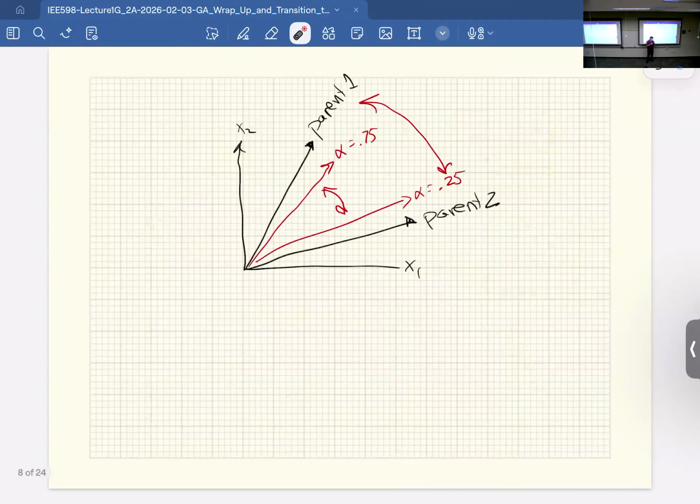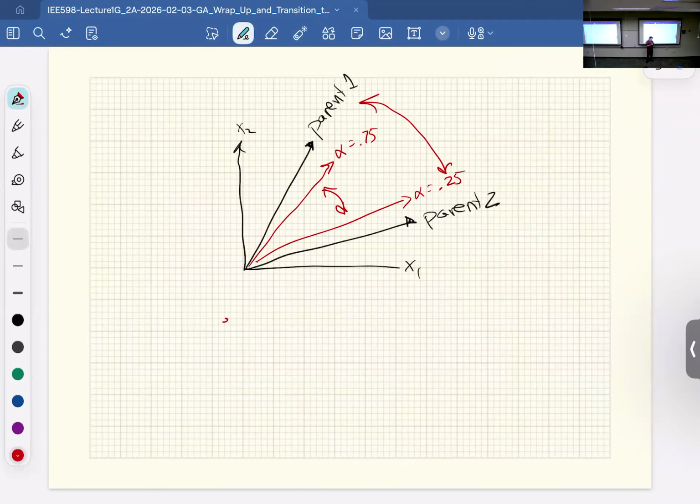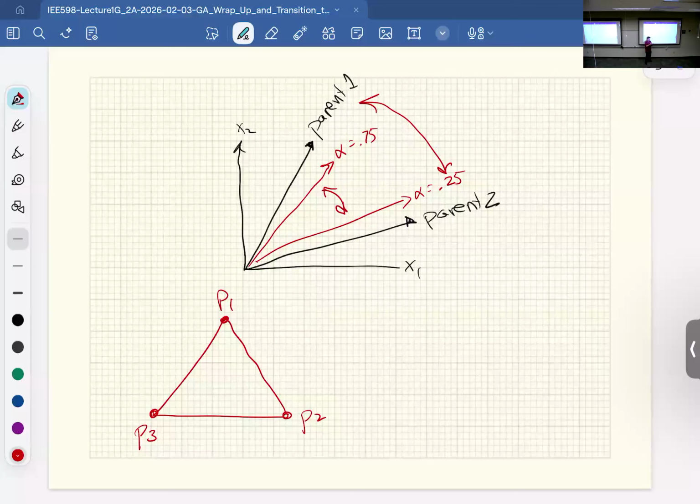Maybe you could plot this on one of these triangle things where you imagine there's parent 1, parent 2, and if you had a parent 3, like we would in evolution strategies, then you could imagine that this would be a clone of parent 1, this would be a clone of parent 2, this would be a clone of parent 3, and then offspring that mix from those parents would show up at different points in this 3-dimensional space.